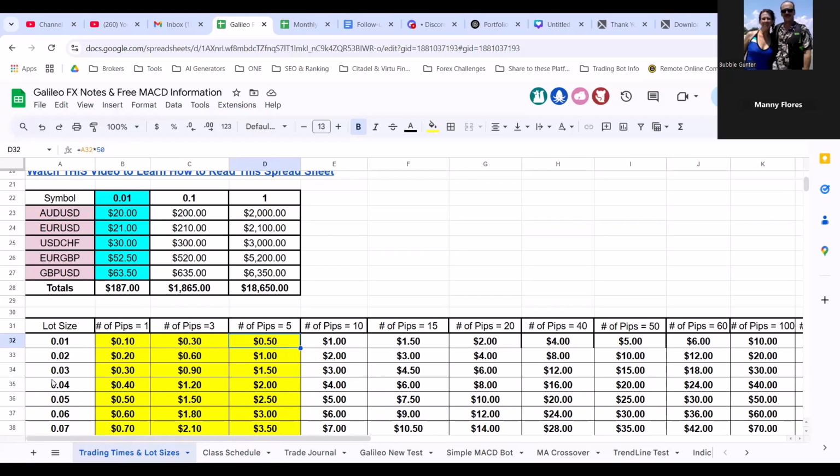But now you moved it up to 0.03. That's $1.50. You're not using this one anymore. You're going to take that money and allocate it to this one.